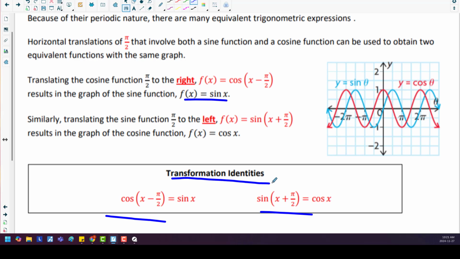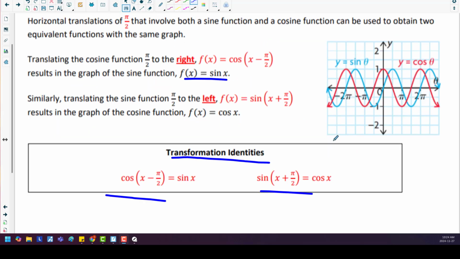Well, we have this transformation identity, correct? If you look at this transformation identity, we know that cos x is the same thing as sine of x plus pi over 2, right?